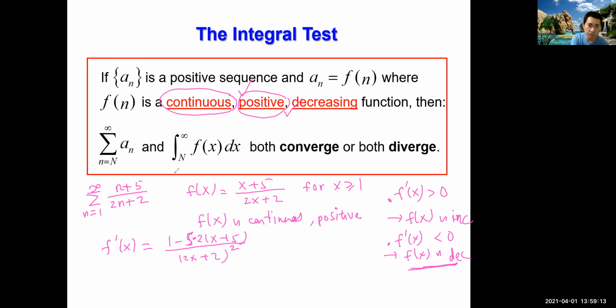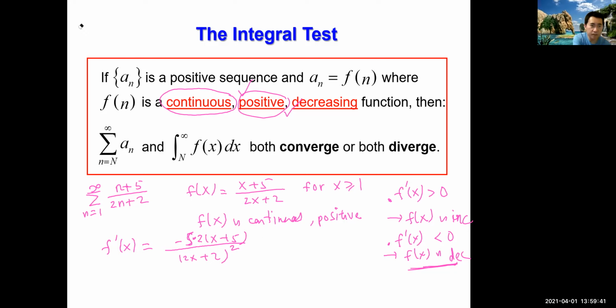The derivative of the first is 1, and 5 times 2 is negative 10.